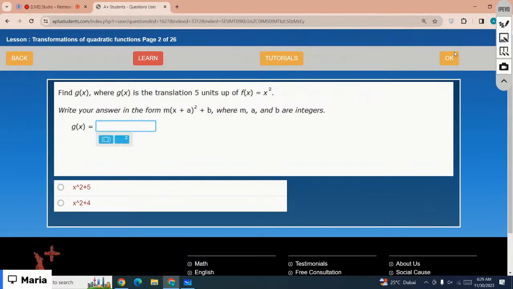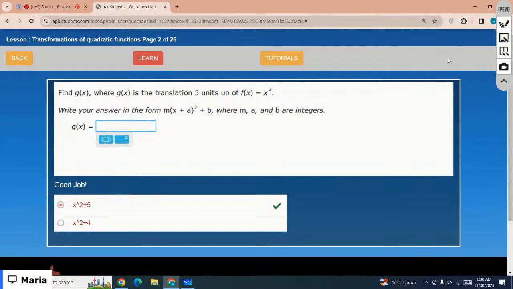So the correct option is x square plus 5. Option number 1 is the correct option.